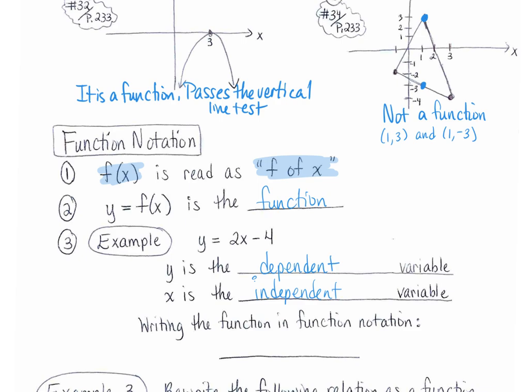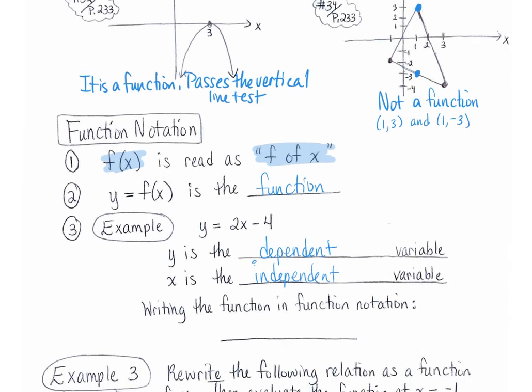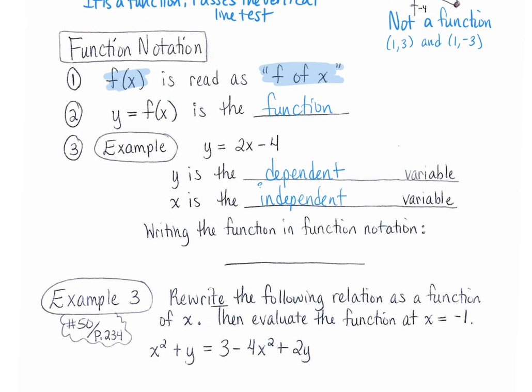Writing the function in function notation, instead of y, we're going to write what? So we're going to rewrite this using function notation. So what do we write? Read it. I have in part 1 how to read it.